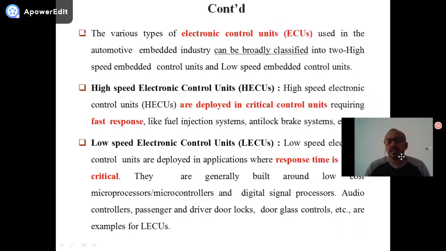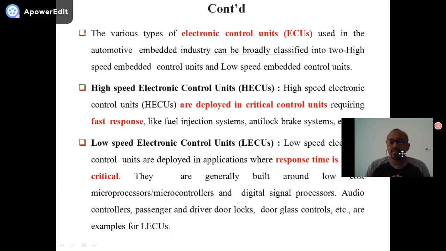The electronic control units used in the automobile embedded industry can be broadly classified into two types: high speed electronic control units, HECU, and low speed electronic control units, LECU.